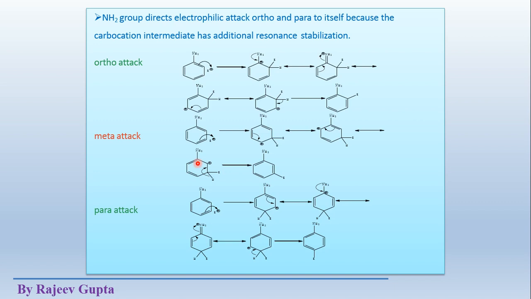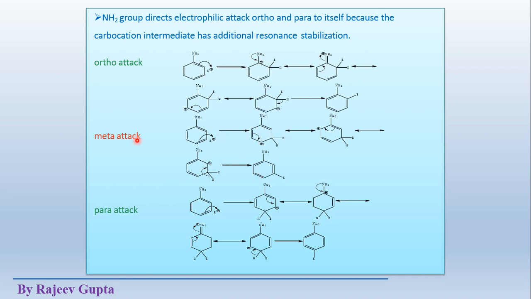So this lone pair cannot make this type of extra resonating structure, because this structure can be formed only when the positive charge takes place on this ipso site, which is directly attached to this amino substituent.